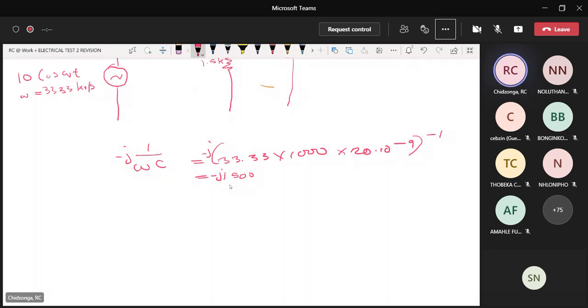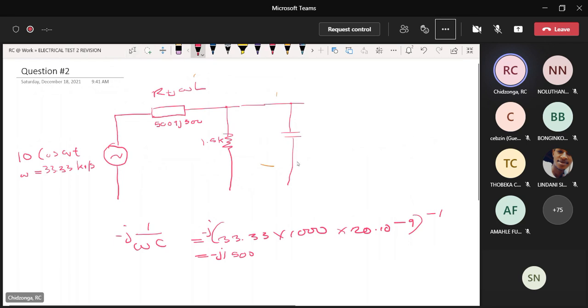So I was calculating the admittance when I didn't write it as 1 over, because it's easy for me. So this, we go back to the circuit, is actually minus J 1.5 kilo ohms. To that, we've got a current source, and then we can complete the circuit.